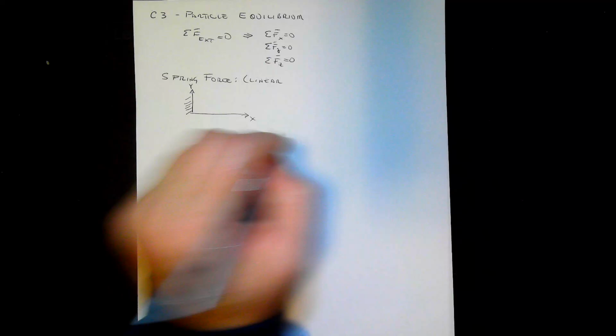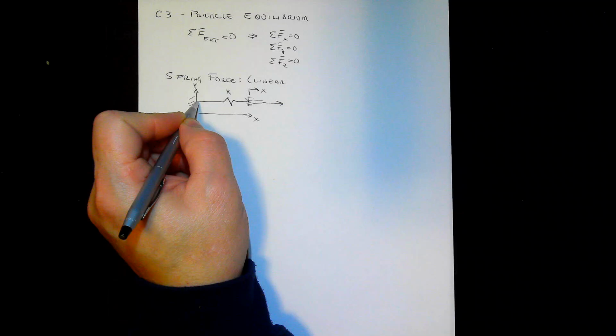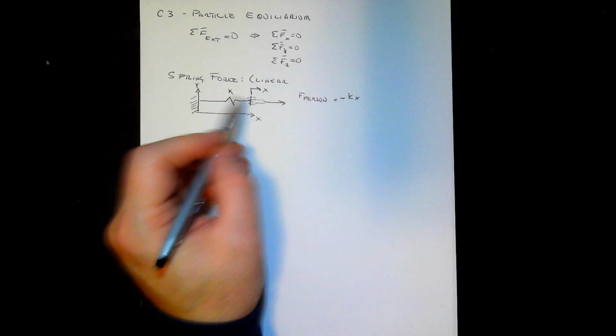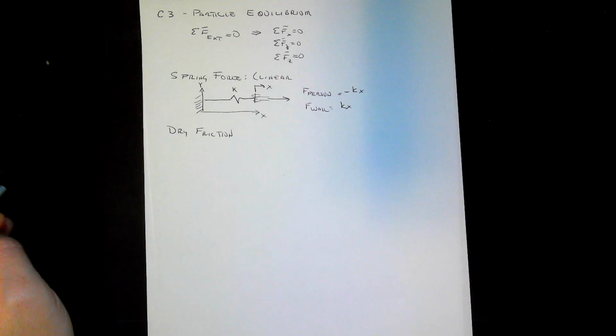The sum of all the external forces must equal 0, which means the sum of the forces in the x is 0, the sum of the forces in the y is 0, and this is a vector, so in every direction you pick, the sum of the forces on the particle must be 0. If they're not 0, it's accelerating. That means it's moving. That's simple. All right?